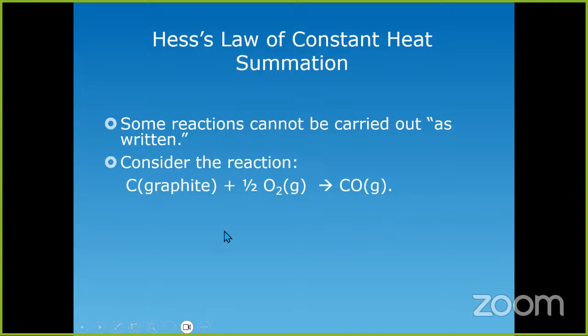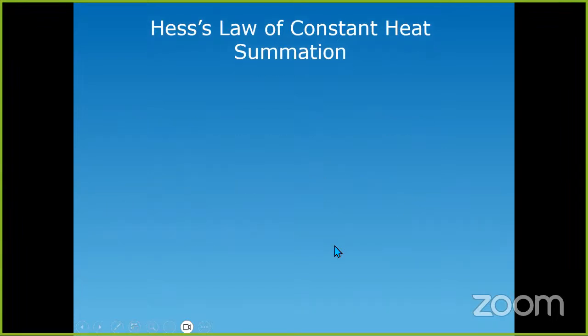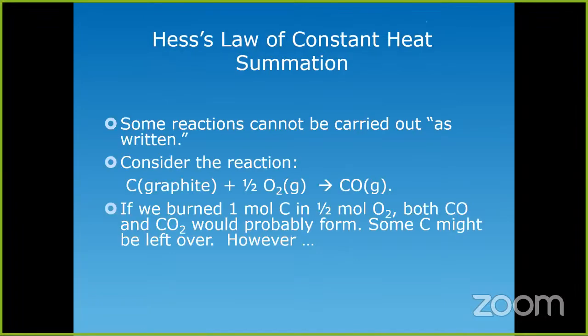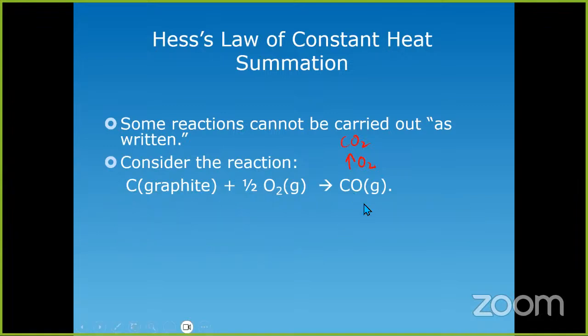The problem with this reaction is that it's very difficult to stop at the carbon monoxide, because what's going to happen next is that the carbon monoxide will react with more oxygen to form carbon dioxide, right? So it's very difficult in practice to stop at the carbon monoxide stage for the purposes of determining the enthalpy change of this reaction, all right?